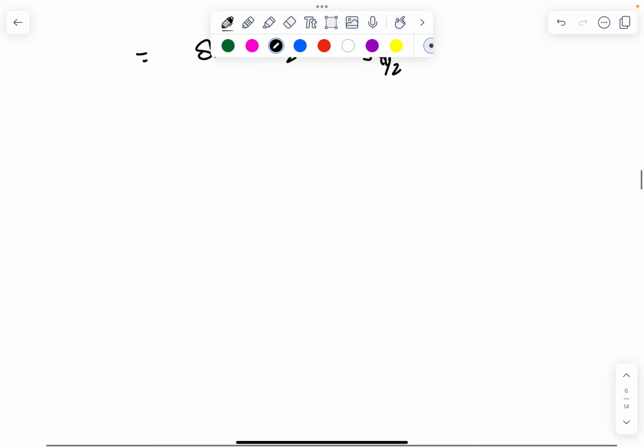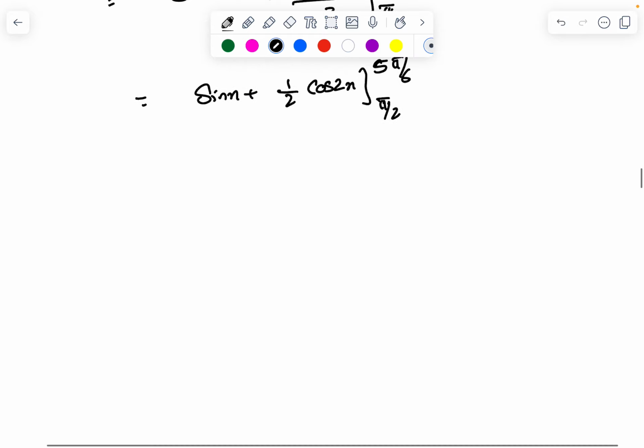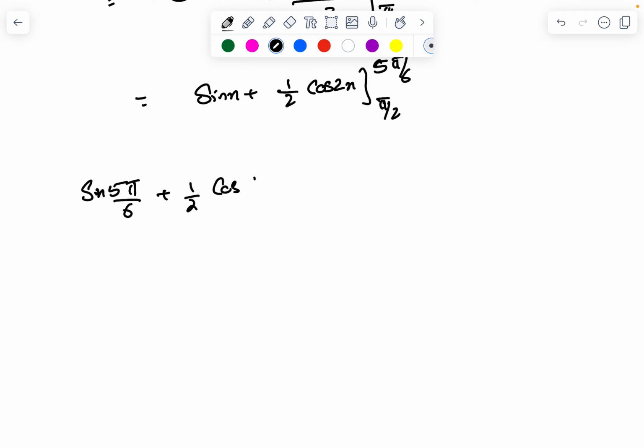Now I am going to substitute the values. Sin 5 pi by 6 plus 1 upon 2 cos 5 pi by 3 is the upper limit, minus sin pi by 2 plus 1 upon 2 cos pi.